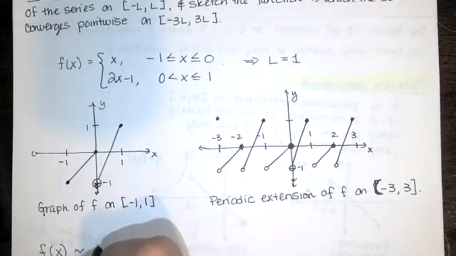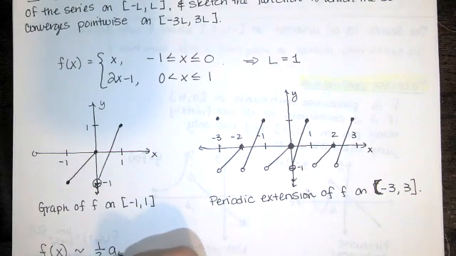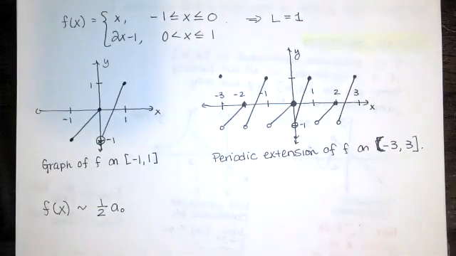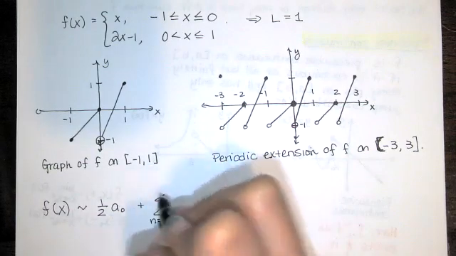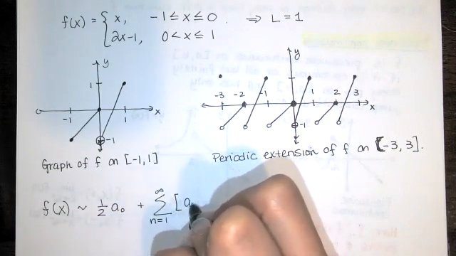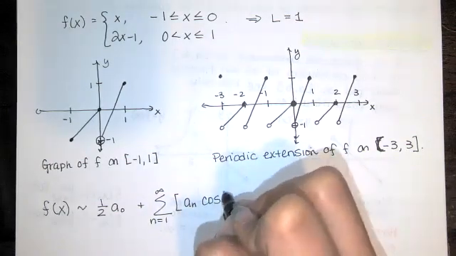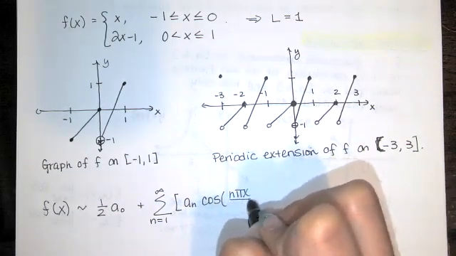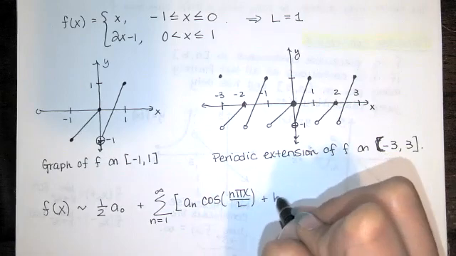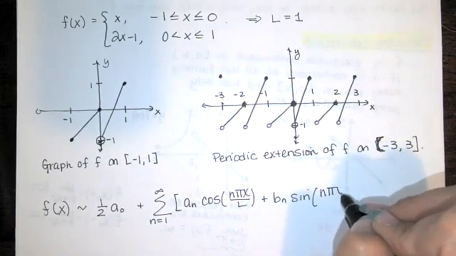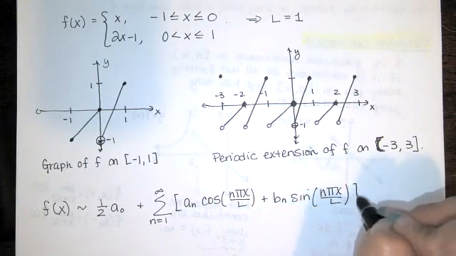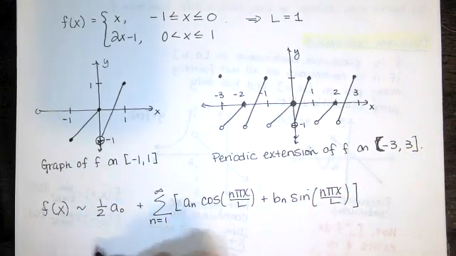So f is potentially given by 1/2 a sub 0 plus the sum as n goes from 1 to infinity of a sub n times cosine of n pi x over L plus b sub n times sine of n pi x over L. But we know L is equal to 1, so we can substitute that in.